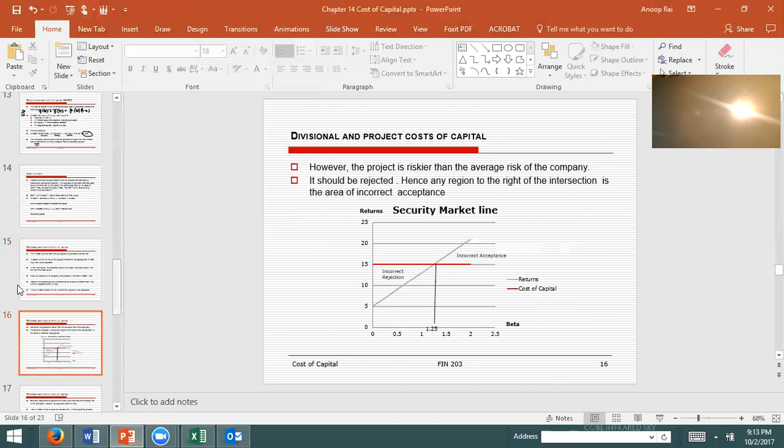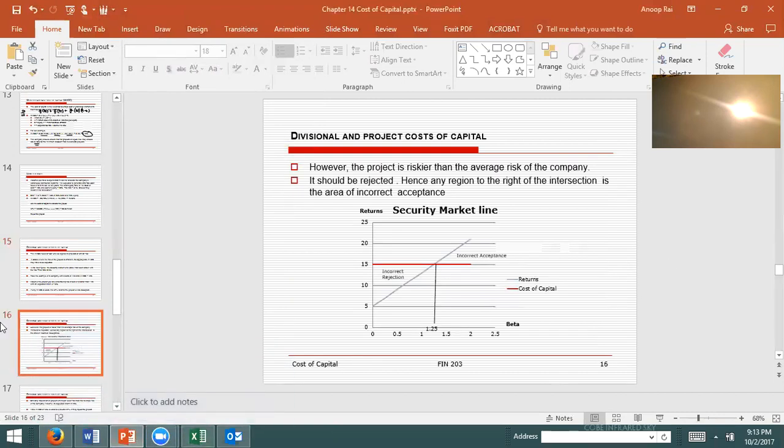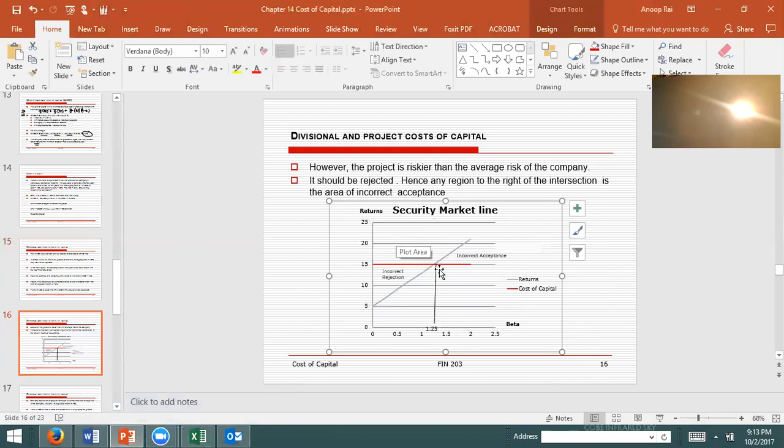So now we want to invest some of that 100 million, and let's say we want to invest it in a company that has a beta greater than 1.25, with an expected return of 16. So let's say it's a 1.5 beta, and it is giving us a 16% rate of return here, right?